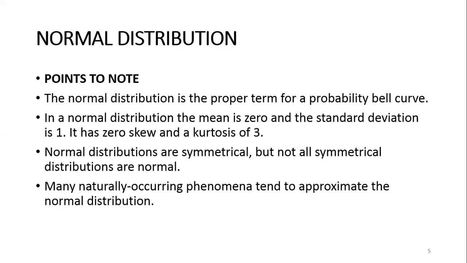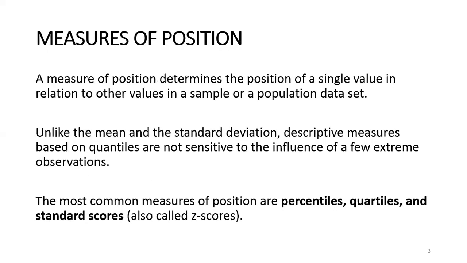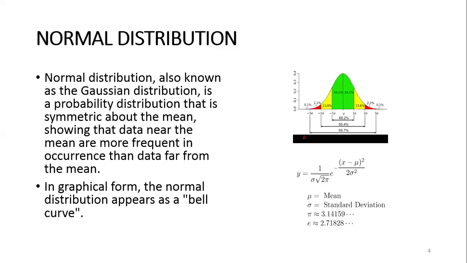What I'm saying is, can you give examples of some measures in nature, some things that are approximately normal? You know, some values that when you measure them, they tend to take this shape. Can you think of anything like that?